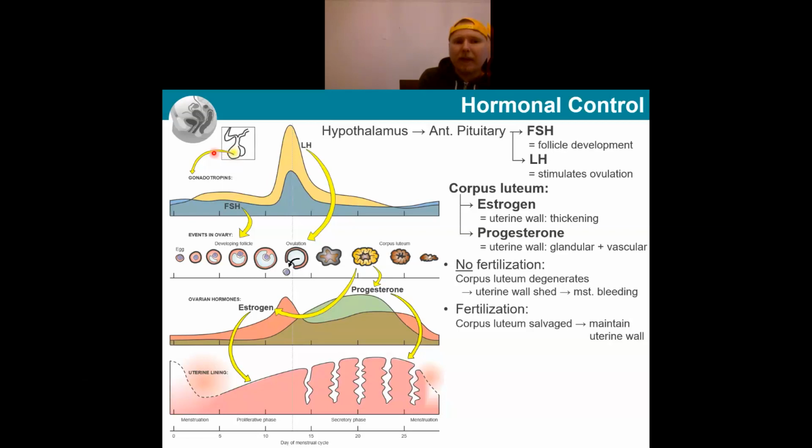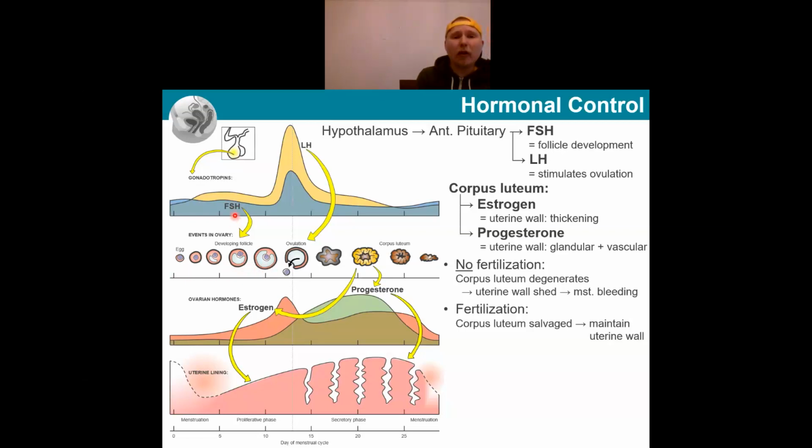First of all, the follicle stimulating hormone. What follicle stimulating hormone does is it has an oversight and controls the development of this follicle, and by follicle I mean the developing egg. So before it is yet an egg, we talk about the developing follicle. The development of that is controlled by the follicle stimulating hormone.